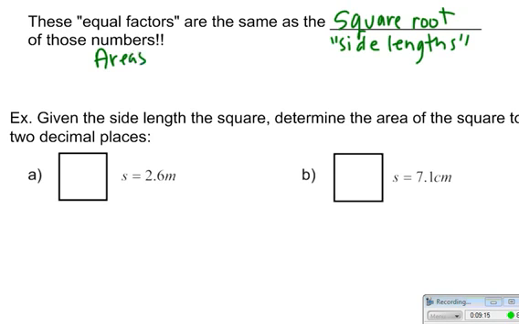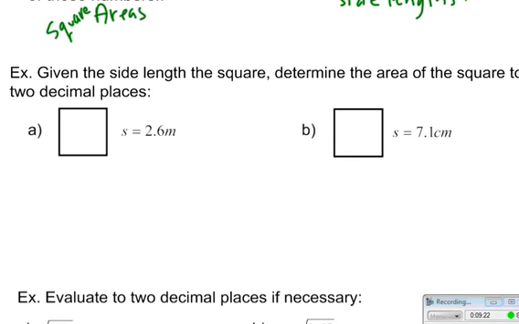So let's say square areas. In this example, it says, given the side lengths of the square, determine the area. Well, I hope you remember that area of a square is length times width, but because the length and width are the same thing, it's actually side times side, or side squared.